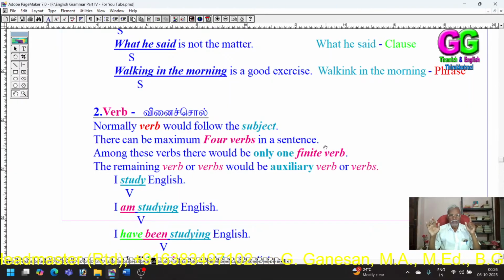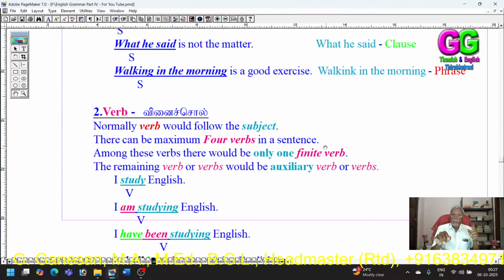My dear children, in an English statement sentence, minimum one verb, maximum four verbs can be used. Whether it is one verb or four verbs, that doesn't matter.